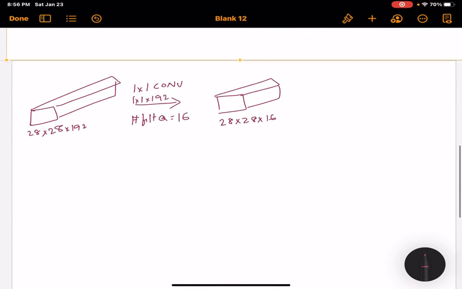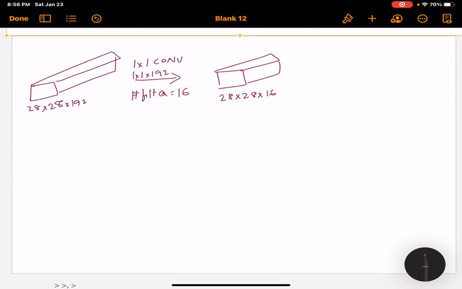So as I have said, I first do a 1 cross 1 convolution operation with a filter size of 16, which gives me an output of 28 cross 28 cross 16. Obviously it is from the formula n minus f plus 1. N is 28, f is 1, plus 1. So I get 28 cross 28 cross 16, where 16 comes from the number of filters.